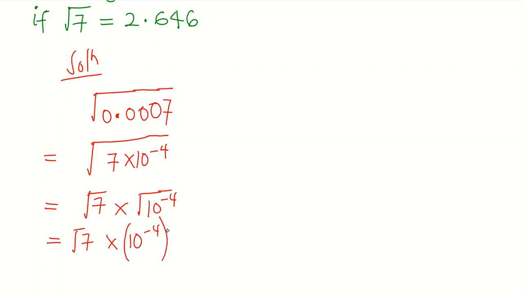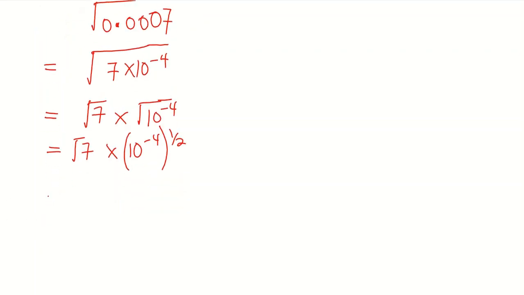This is going to multiply by half, because square root of a number is the same thing as half of the exponent of that number. Now we continue. We have square root of 7 times, so the exponents are going to multiply, so we have minus 4 divided by 2, which means we are going to have square root of 7 times 10 exponent minus 2.